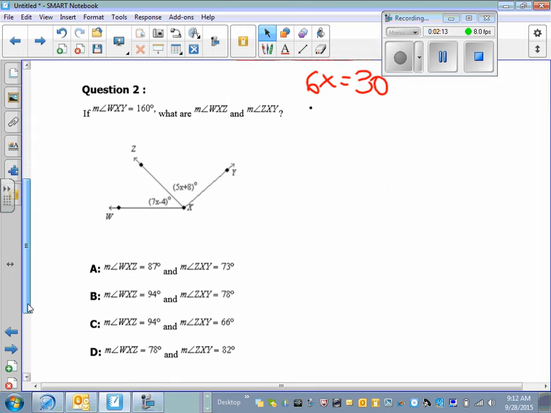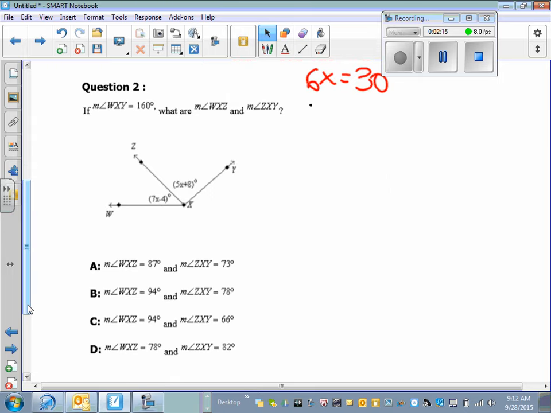The same thing. One thing you need to remember: the order of my questions might not be the same as the order of the questions you'll be seeing, but the problems are the same. Angle WXZ is given to be 7x minus 4. Angle ZXY is 5x plus 8.